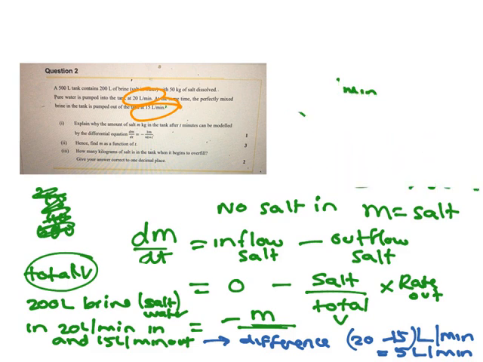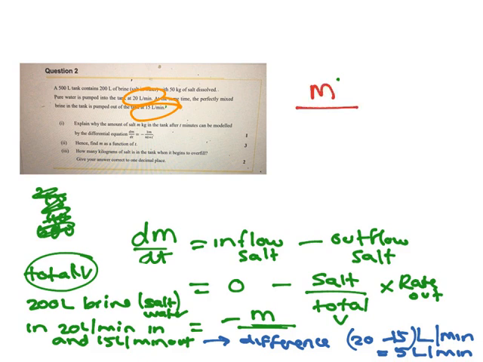So at any given time, the fraction of salt in the tank that is then getting pumped out will be M over 200 plus 5 litres change per minute, so you put 5t, and that's why it's per time.